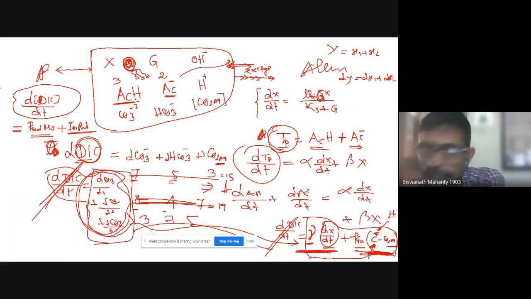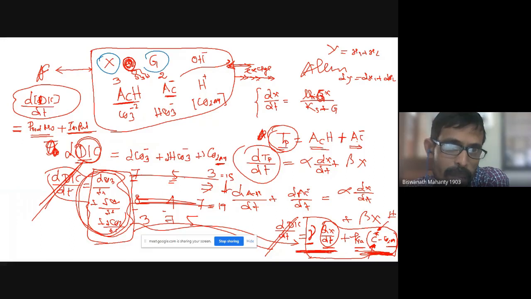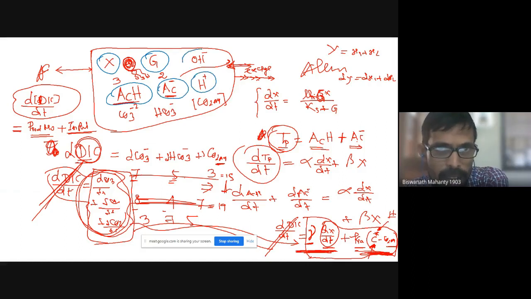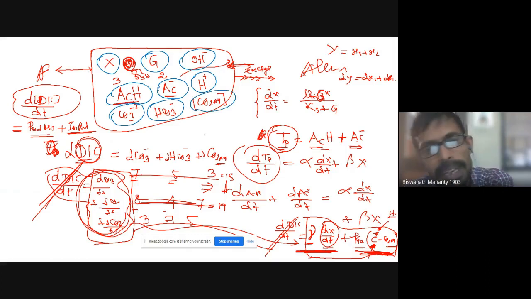I will highlight my variable. X is my variable. Glucose is my variable. Acetic acid is my variable. Acetate is also one variable. Hydrogen is one variable. Hydroxyl is also one variable. Carbonate is one variable. Bicarbonate is one variable. Aqueous carbon dioxide is one variable. So how many? 9. I need to have 9 equations. Please keep that in mind.